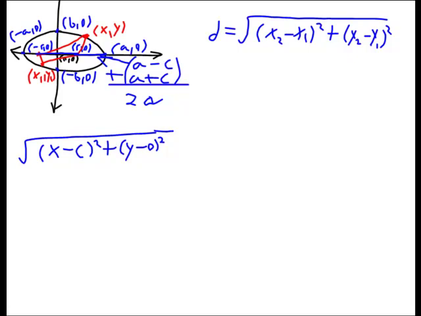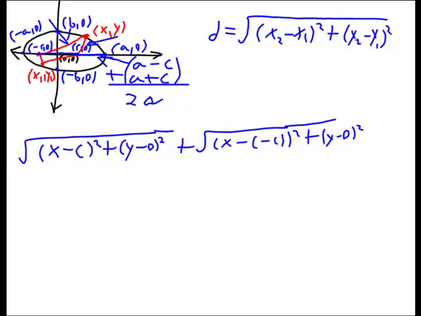So this is the distance of that line. Well, if I add the other line to it, what is the distance of this line here? Well, that'll be our x coordinate minus, in this case, negative c, squared, plus our y coordinate minus the corresponding y coordinate of the focus, which is 0, squared. So this is representing the distance of those two lines added together.